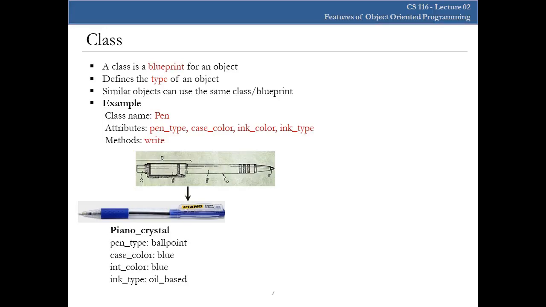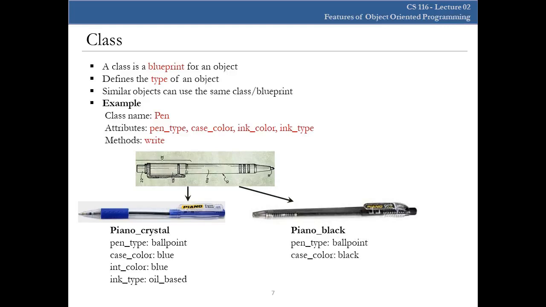Now, similarly, I can instantiate another object of the same class. Let's suppose now I define this black piano crystal, and for this again I can set these attributes differently. Now, the point here is that whenever you instantiate an object, your machine allocates memory for it, and for every object your machine allocates a separate set of memory.